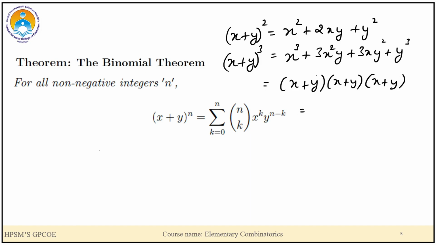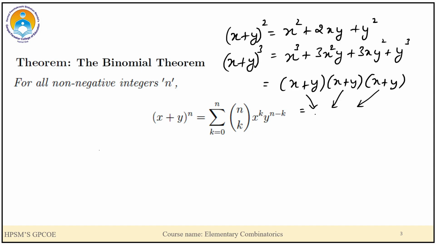Now, if I want to produce a term which contains only x in it and no y, I precisely have only one choice. That is, we choose x from this parenthesis, x from this parenthesis, and x from this parenthesis.